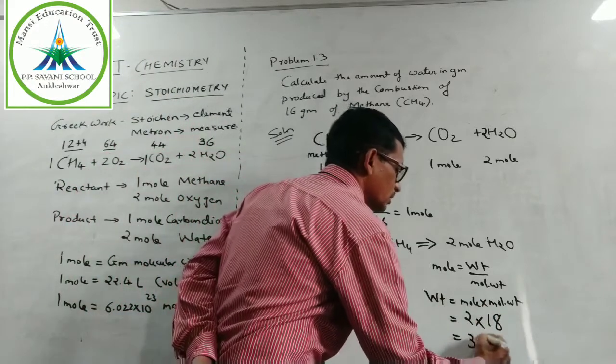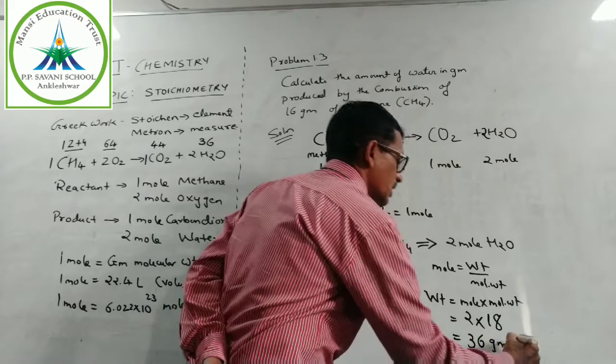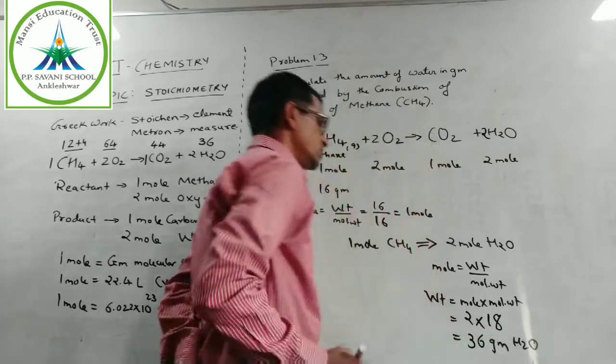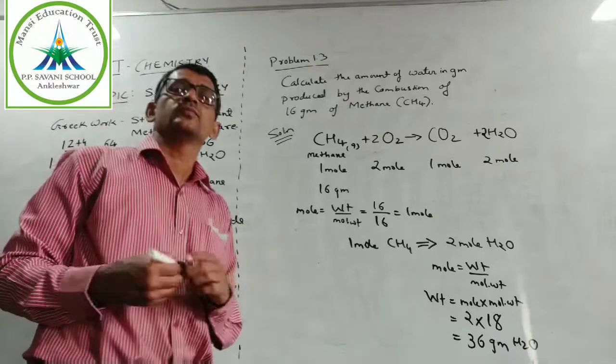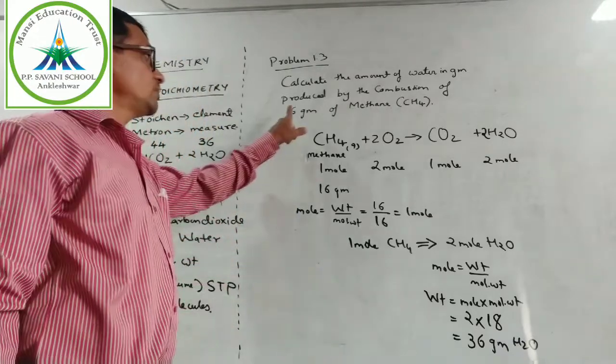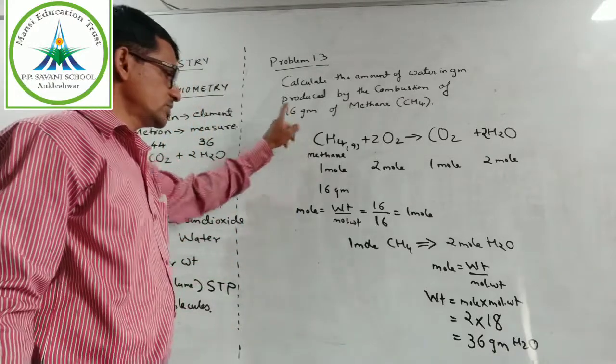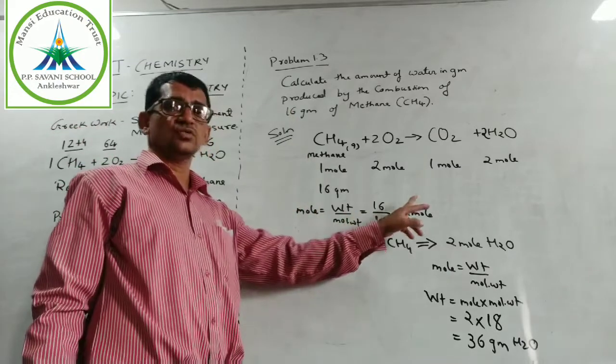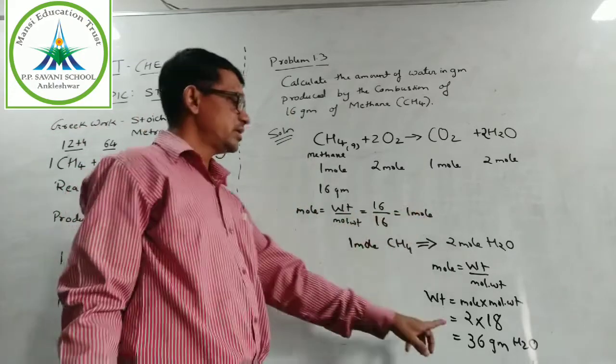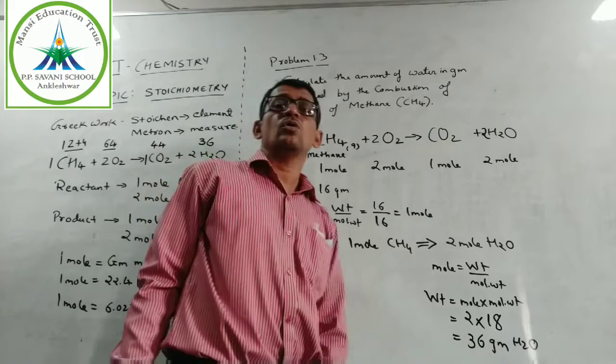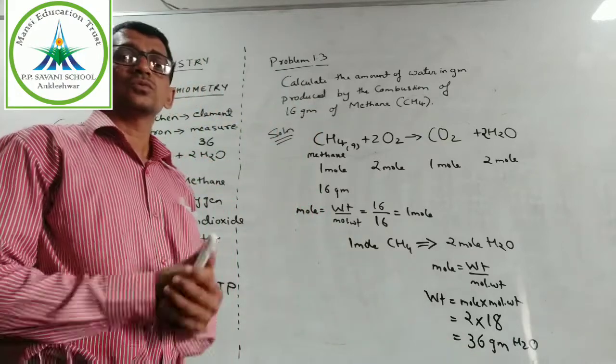So total 36 gram of H2O is produced. So answer is, if you take 16 gram of methane, means 1 mole, then 36 gram of water is produced.